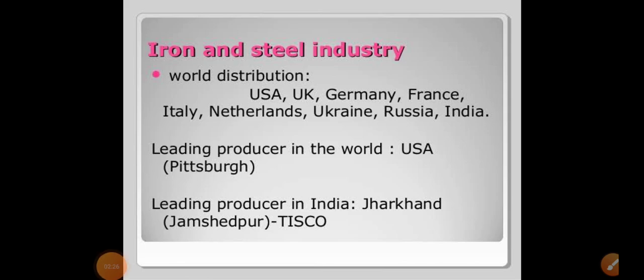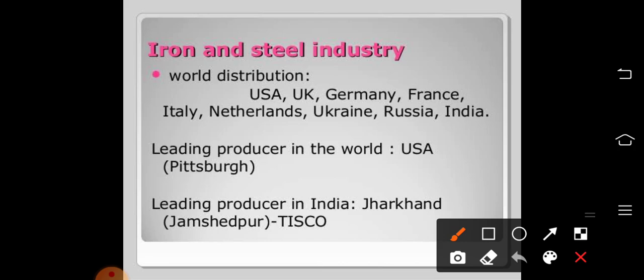Among the major industries in the world, we are first dealing with the iron and steel industry. So, first and foremost is the world distribution of iron and steel industry. Have a look. Countries like USA, UK, Germany, France, Italy, Netherlands, Ukraine, Russia, India are the major regions where iron and steel industries are established.